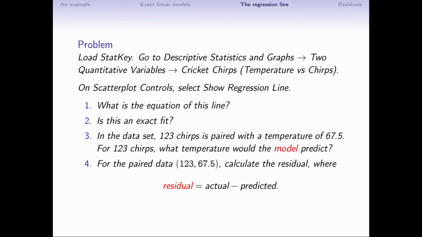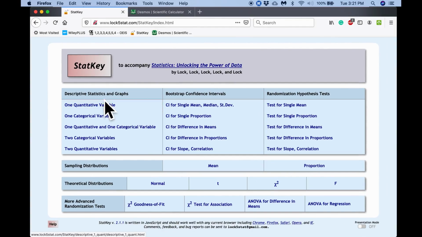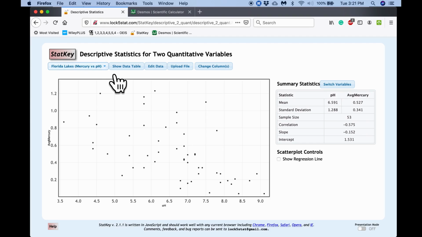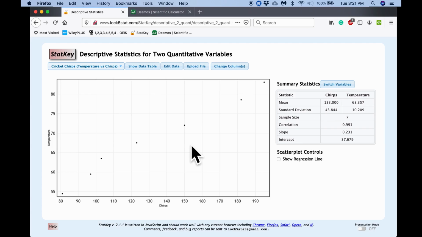Okay, now let's go over to StatKey. We'll load this data file and we'll work our way through these four parts. So let's take a look at that data set. We're going to load the file called cricket chirps, temperature versus chirps. And this is a data set that we've seen before, but let me just remind you of what the context is here.